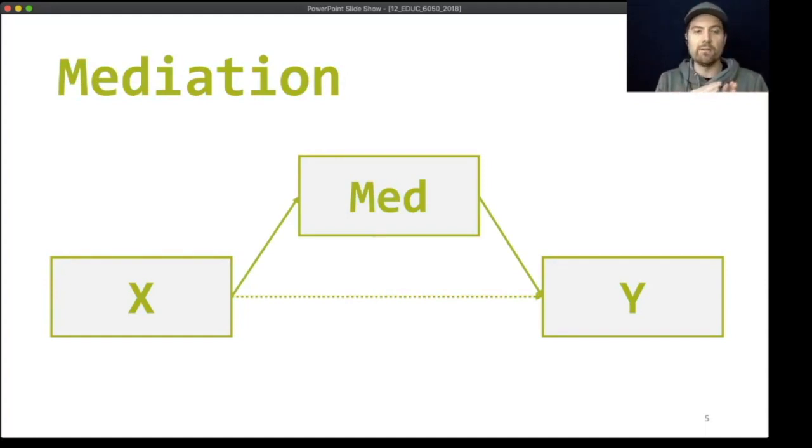Mediation is where you have x affecting m, the mediator, which then affects y. We also have this dotted line between x and y, and that is signaling that there may be some ways that x affects y that's not through the mediator.